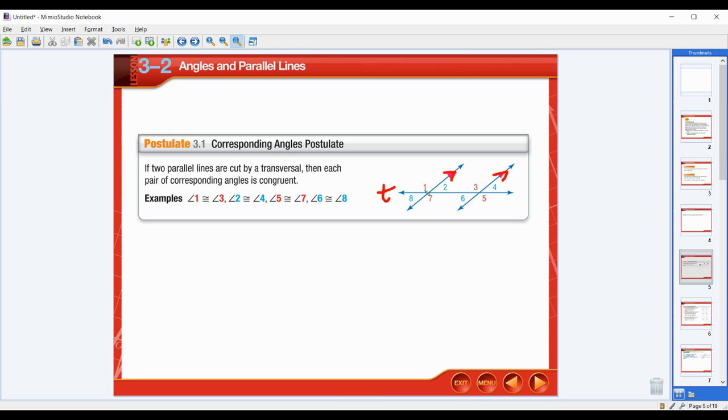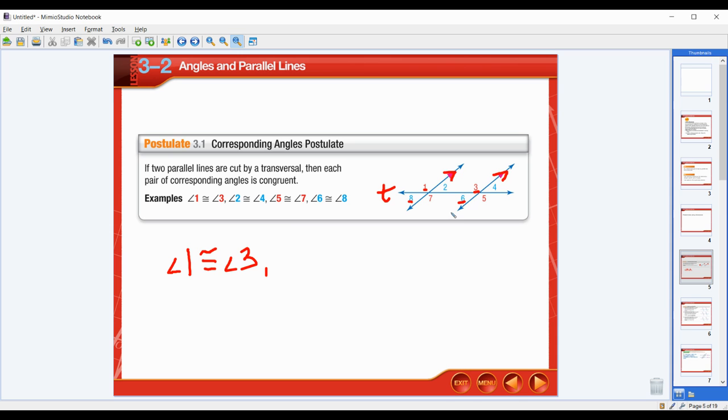Let's say if we took angle 1 here, angle 1 is on the outside, and I wanted to find an angle that corresponded to angle 1, it would be angle 3 here. So in corresponding angles, whenever our lines are parallel, remember, only if our lines are parallel, our corresponding angles are congruent. Okay, so angle 1 is congruent to angle 3.